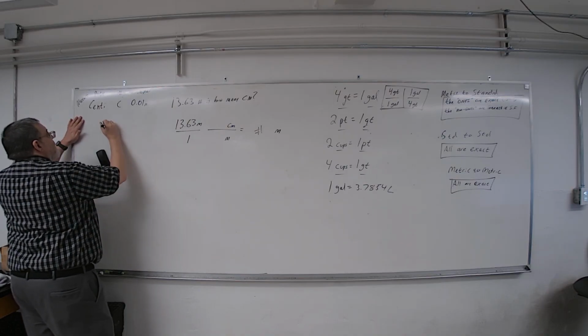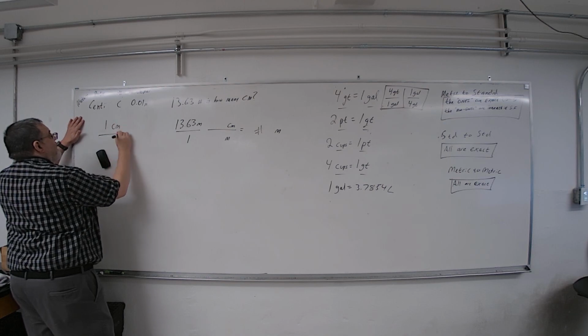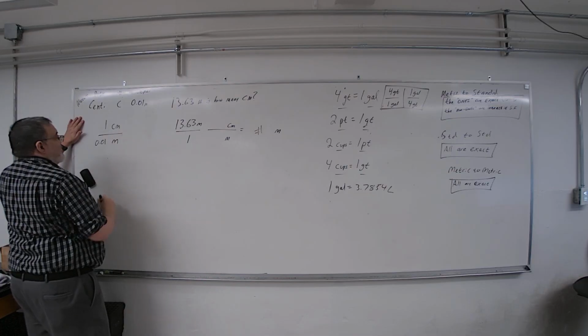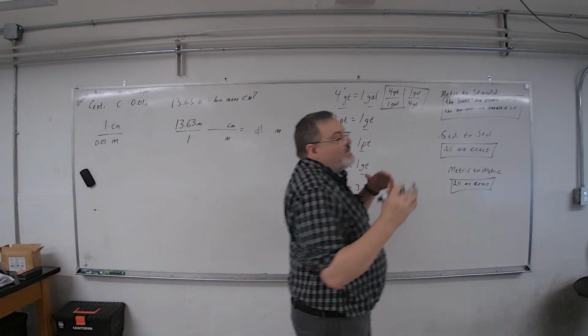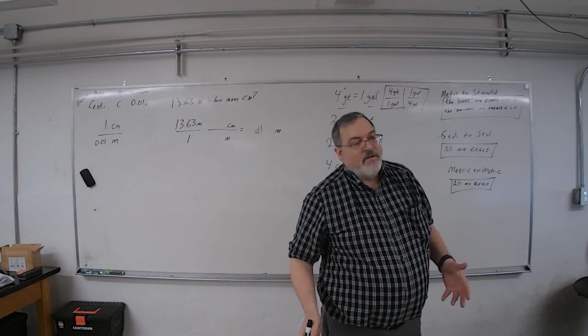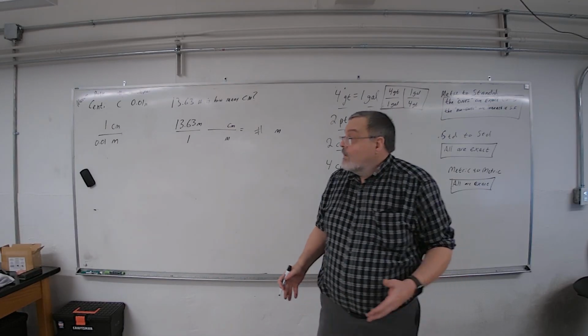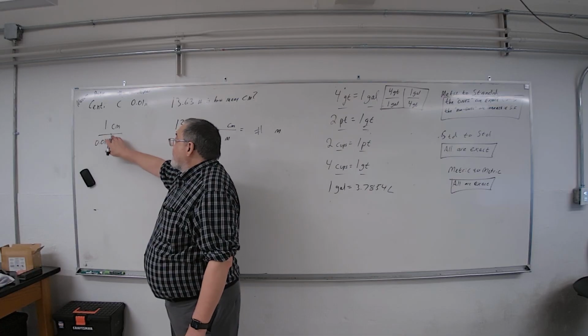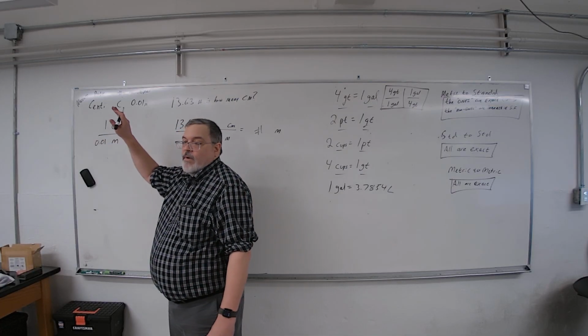Rewrite that. That's the conversion factor. So what's in that column is the base unit. If we were dealing in liters, we would have 0.01 liters here and centiliters here.